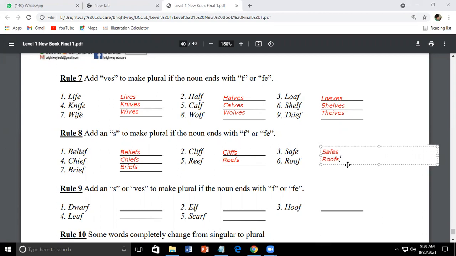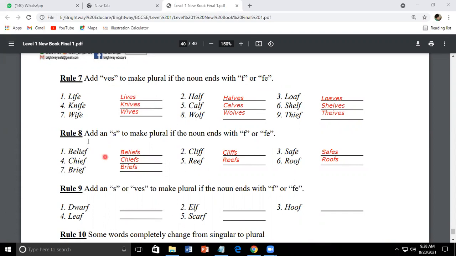So I request you to understand the difference between rule number 7 and 8. In rule number 7, you notice that the last letters are ending with F and FE. Sorry, the end of the word is F or FE, and you add VES.